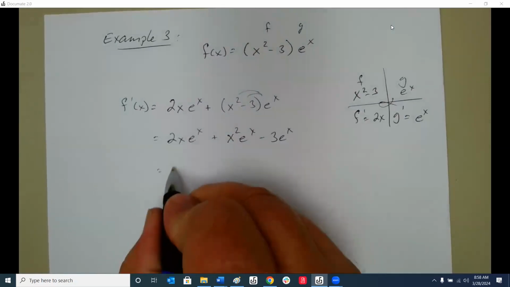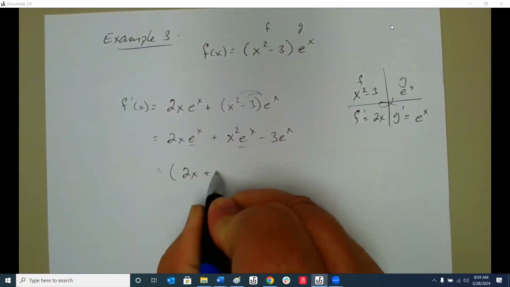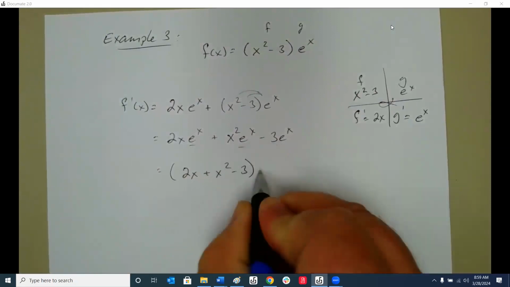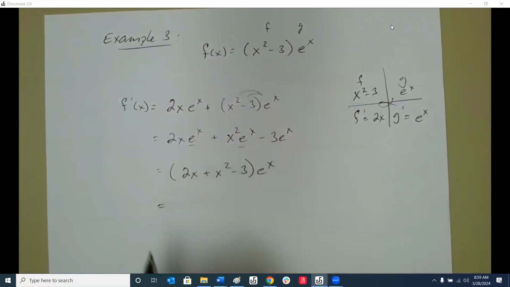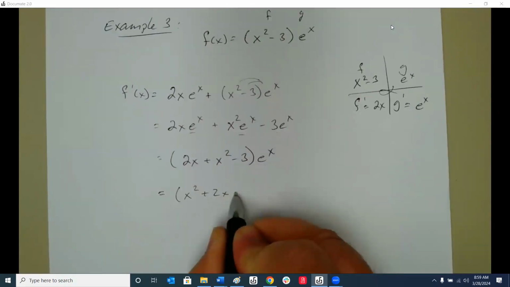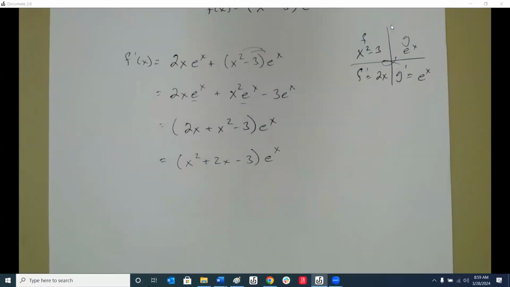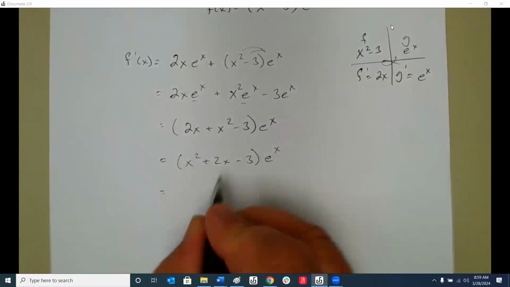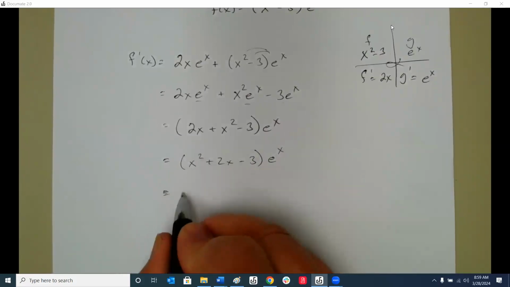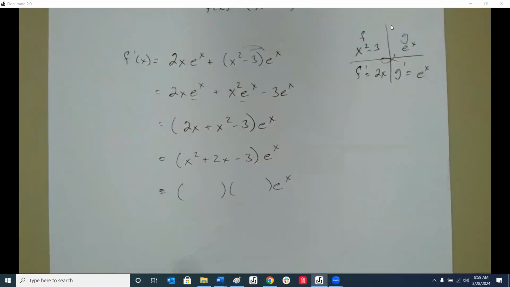Actually, since they all have e to the x in common, it's a quadratic equation. It looks like it's quadratic. So hopefully there's a factor.